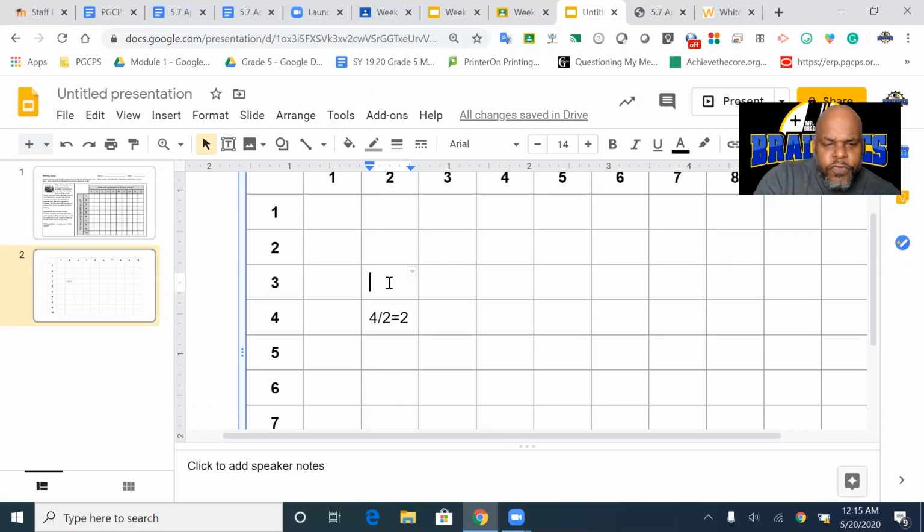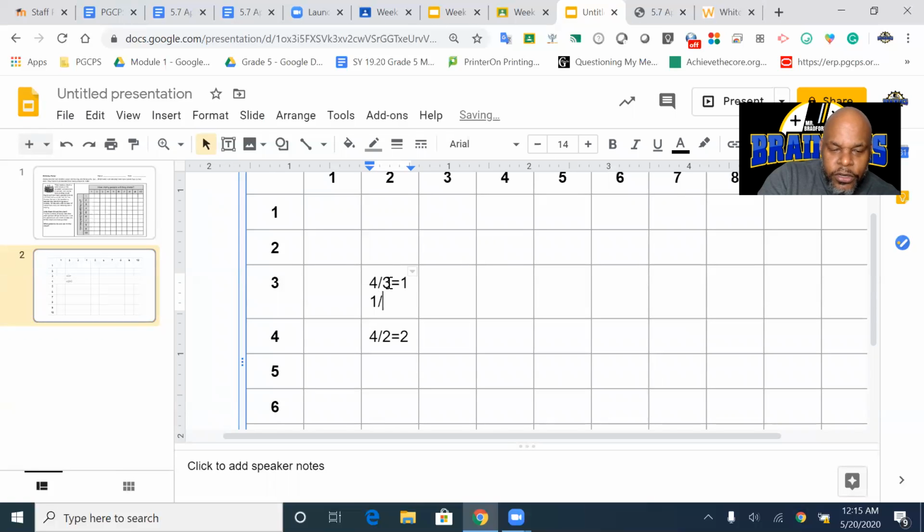So that's 4 candy bars and invited 3 people. That would equal 4/3 or 1 1/3.